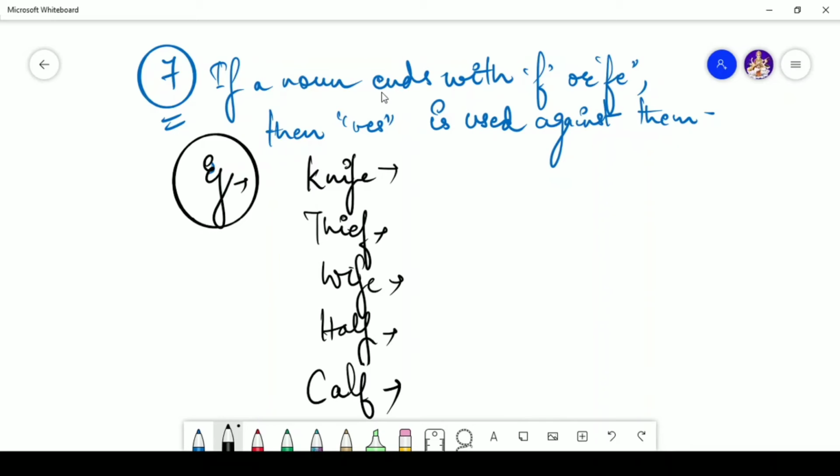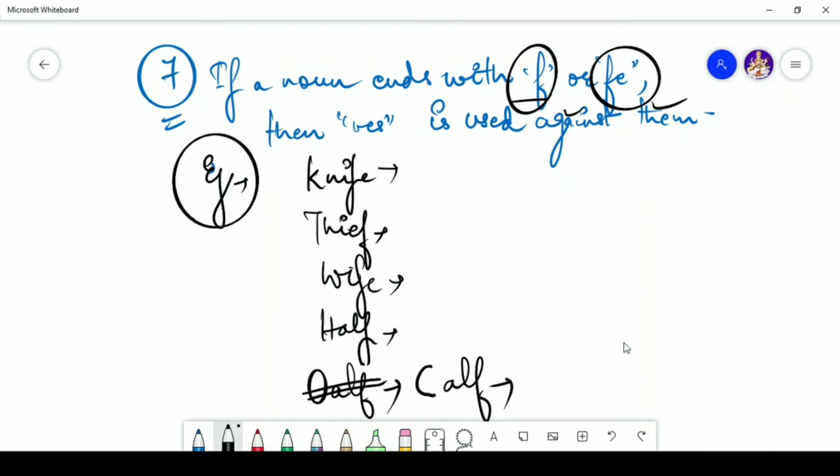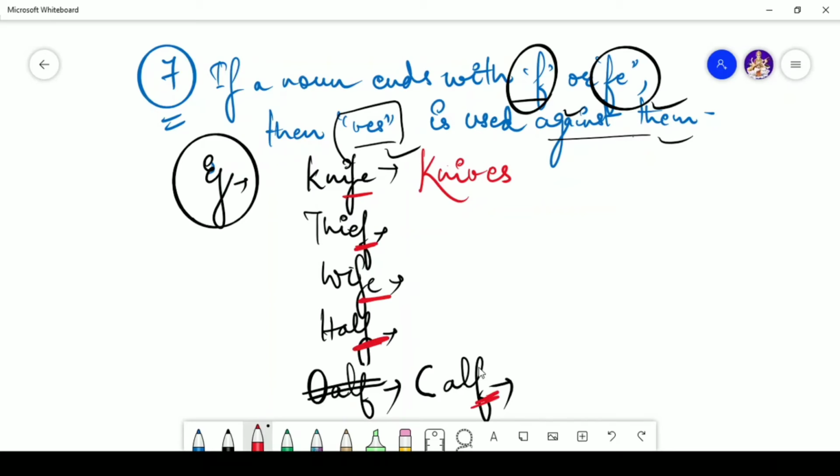Now see, if a noun ends with f or fe, then ves is used for them. Let's say for example, if you're talking about knife, knife will become knives. The noun has an ending with fe. So if a noun has an ending with fe or f, in all of these cases we are going to use ves instead of f or fe.